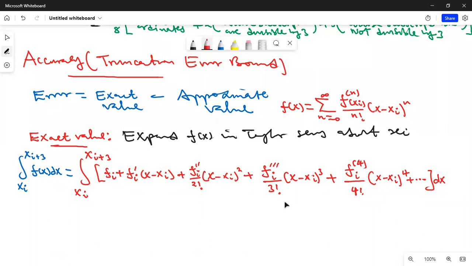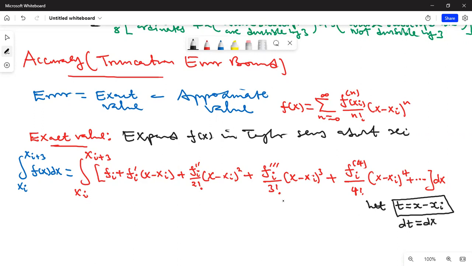So you can write here, let t be equal to x minus xi. So now I'm going to convert everything in terms of t. Even the dx will change. So when I differentiate, I'm going to get dt is equal to dx.